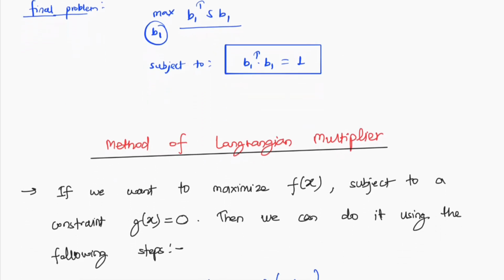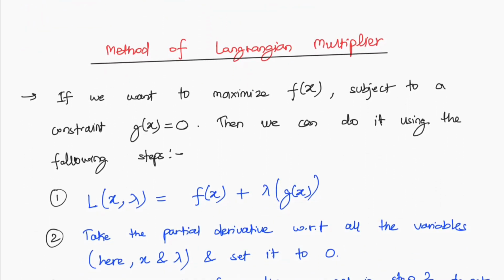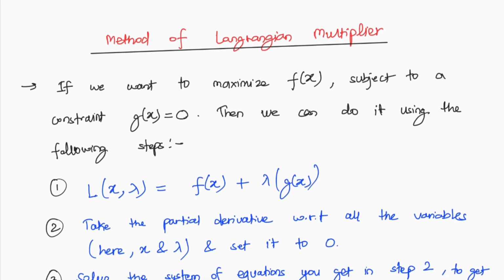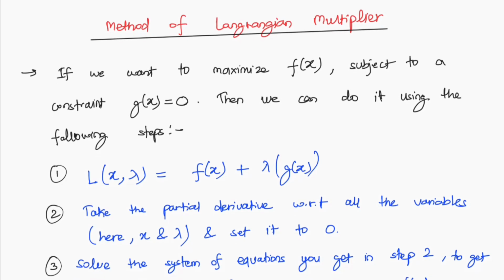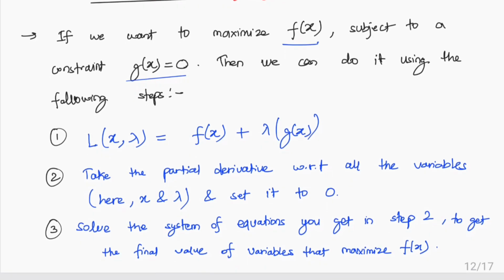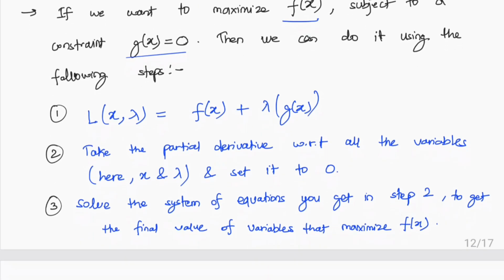So we will now use the method of Lagrangian multiplier, and you do not need to worry even if you don't know about Lagrangian multiplier, it is simple to understand. So how it defines the problem: if you have to maximize a function f(x) and it is subject to a constraint where g(x) is equal to 0, then we can do it using the following steps. If you follow these steps of Lagrangian multiplier, we can optimize this problem.